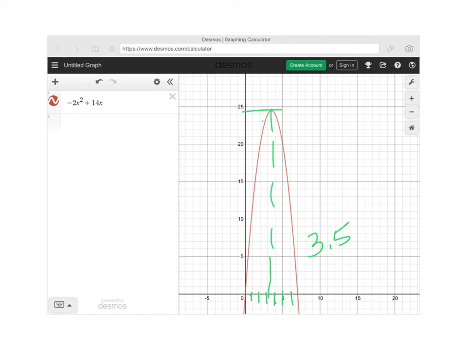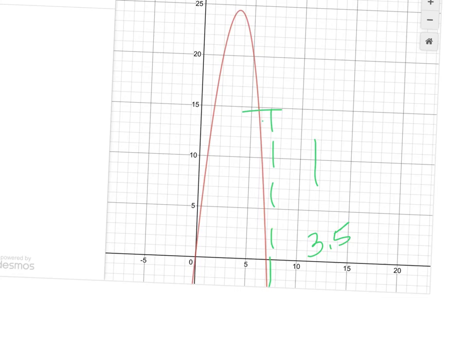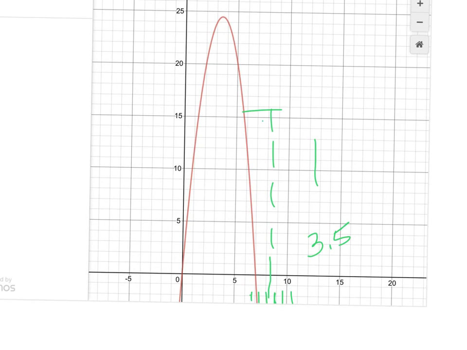Okay, and how do I know that? Well, I just counted. Let me see if I can draw these things in here better. Drew in my axis of symmetry. We see that it's right here. Oh no, what's closed? I'm not sure. I got some sort of notice that something was going to close, so hopefully we don't have to start again.